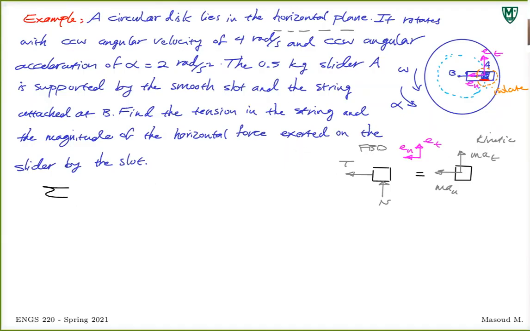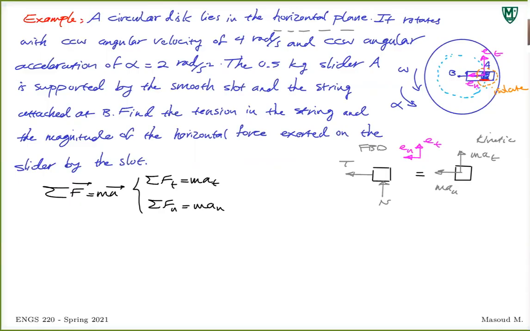Summation of forces is equal to MA. Since we are in normal-tangential component coordinates, summation of forces in the tangent direction is equal to MA tangent, and summation of forces in the normal direction is equal to MA normal. Let's see if you remember that this is a circular motion.